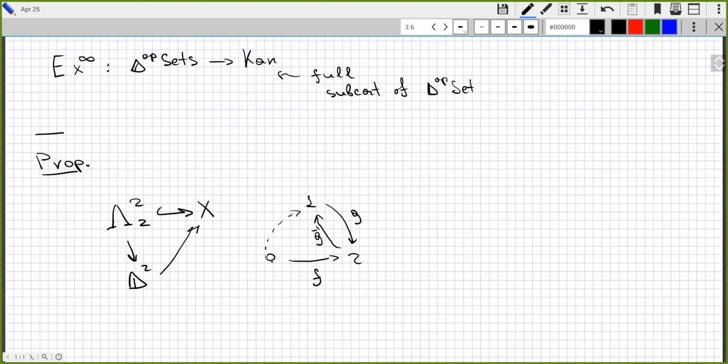So you are going from 0 to 2, and then you go from 2 to 1. Okay, and that is what you call the composition of inverse with F.